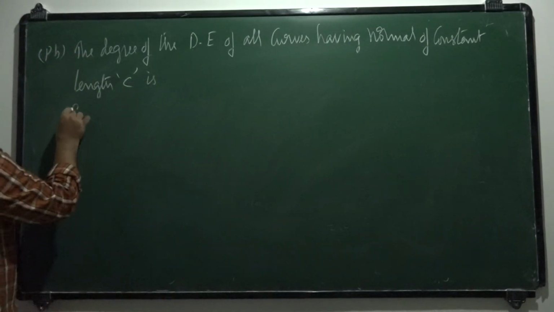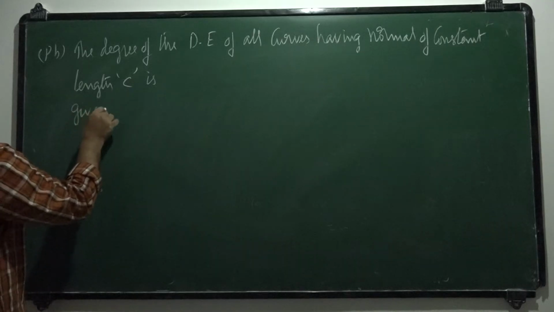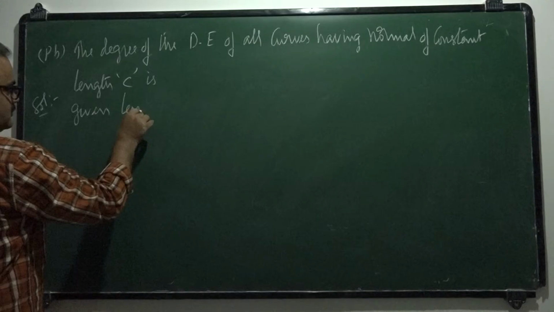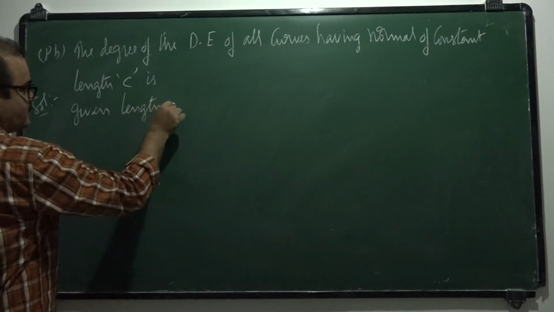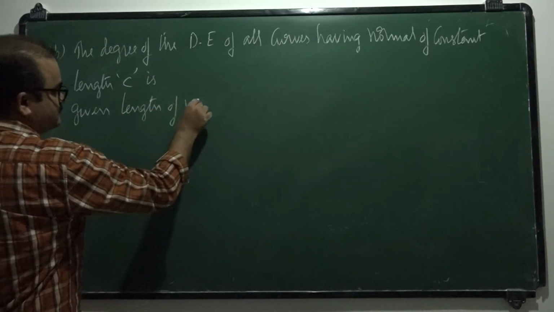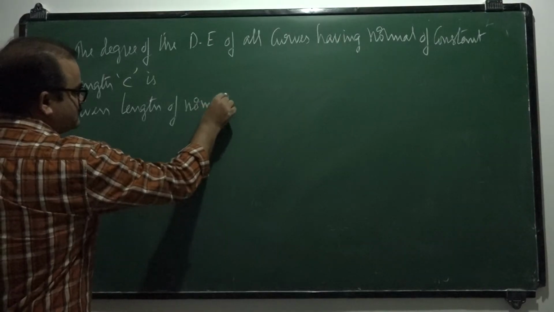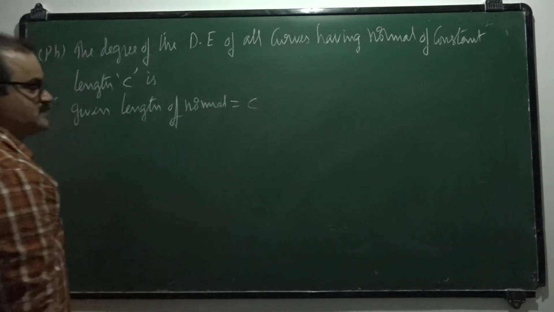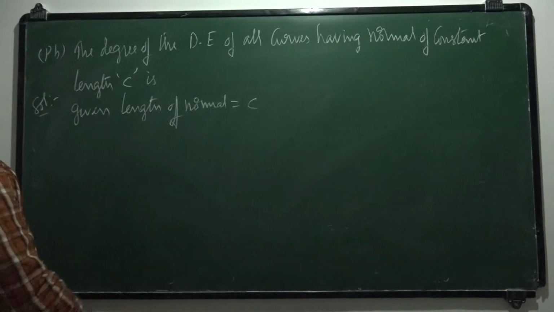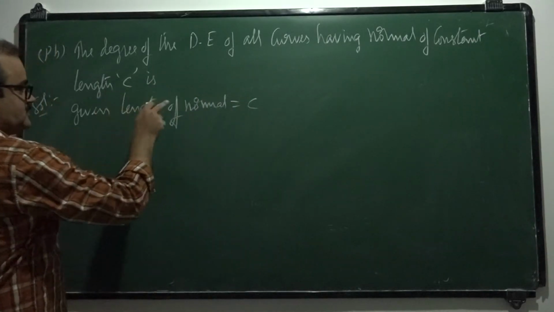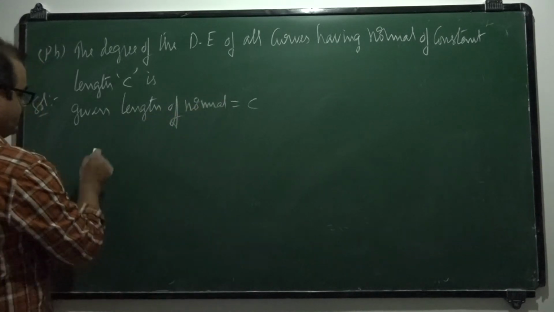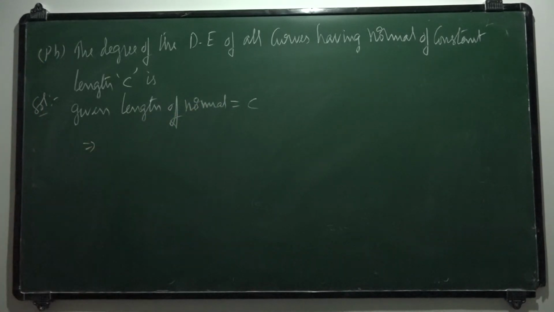Here what is given? Length of normal is equal to constant C. Normal of constant length C, that means length of normal is equal to C. We know the formula in tangents and normals.